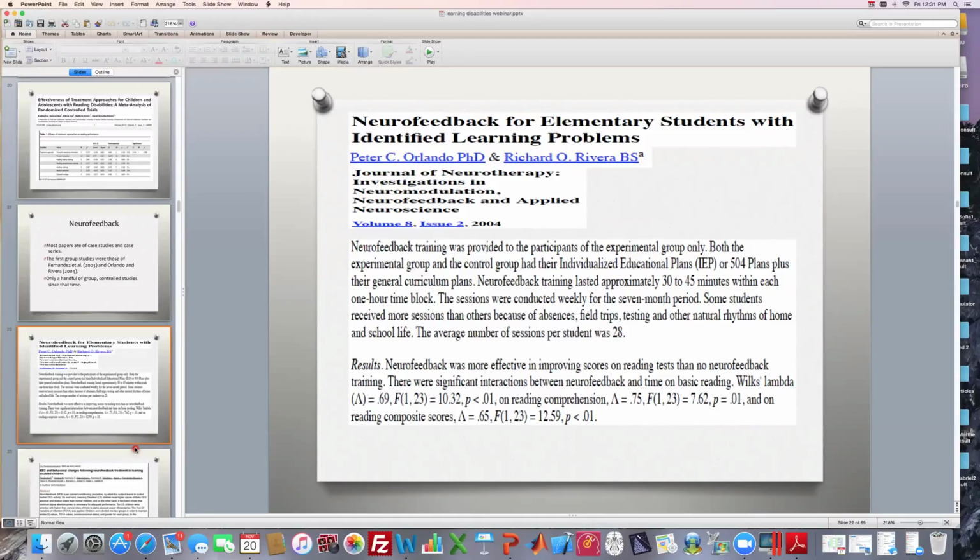They did training over about 30 to 45 minutes per session. The sessions were done weekly over a 7-month period, and the average number of sessions was about 28. They showed that neurofeedback was more effective in improving scores on reading tests than not receiving neurofeedback, and that this was significant for basic reading, reading comprehension, and reading composite scores. So this was really the first study of its kind to show that neurofeedback at all could improve reading scores.